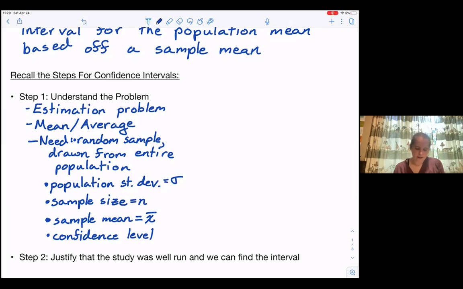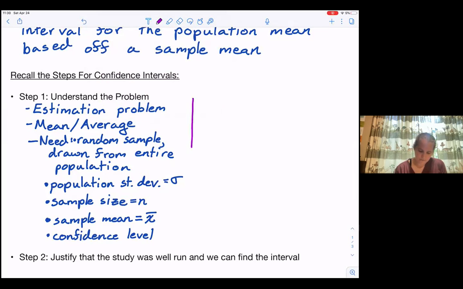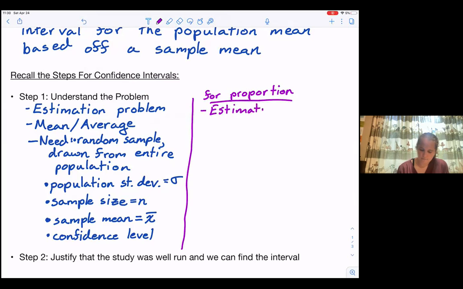Then off to the side, let's do what we used for proportion. For proportion, again, we were looking for that it was an estimation problem. We noted that it's about proportion or percentage.